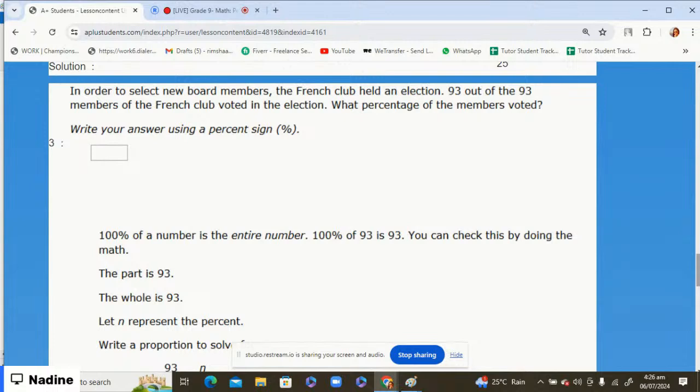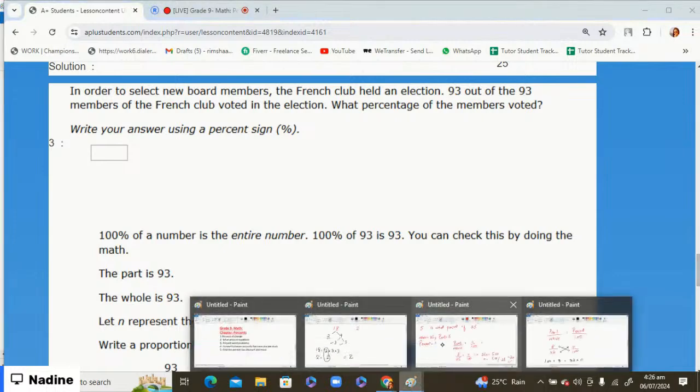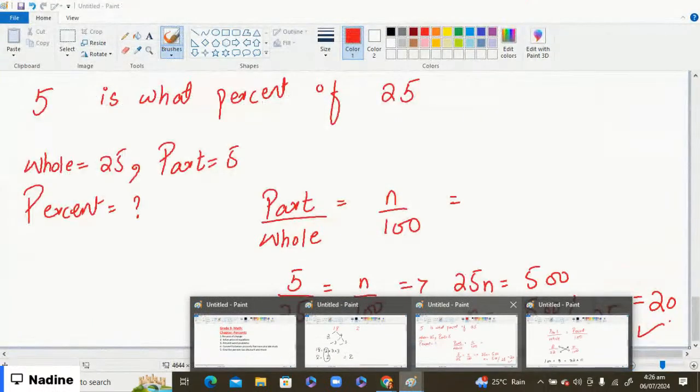What percent of the members voted? We're going to find the value of n this way, 93 out of 93.